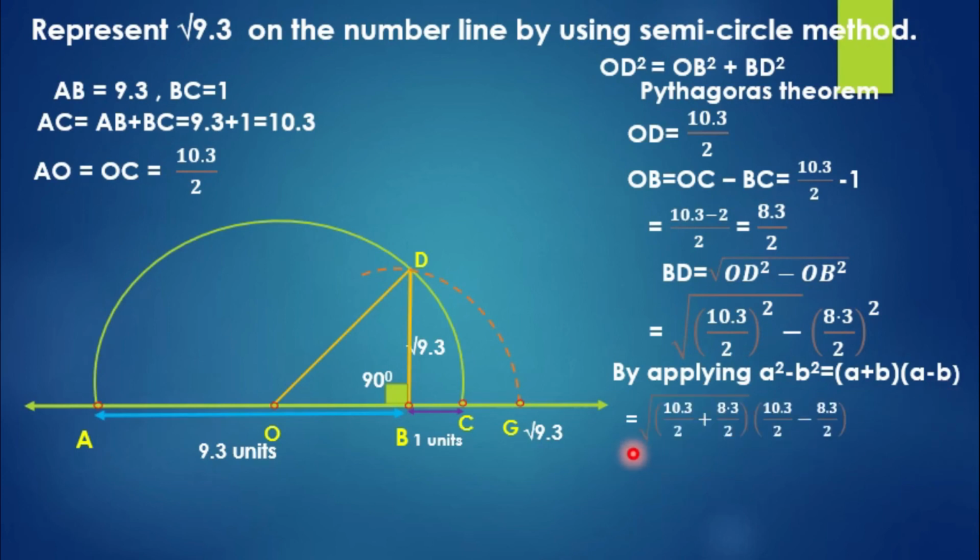Square root of (10.3 by 2 plus 8.3 by 2) into (10.3 by 2 minus 8.3 by 2), is equal to square root of 18.6 by 2 into 2 by 2. Here 2 by 2 are cancelled. So square root of 18.6 by 2 is equal to square root of 9.3. So 9.3 is the answer.